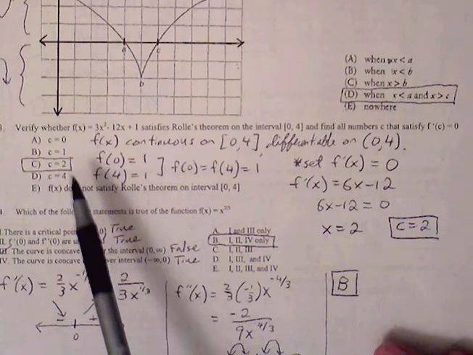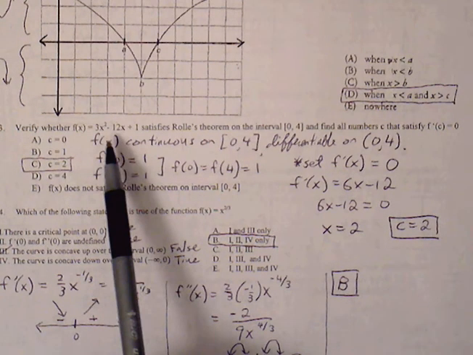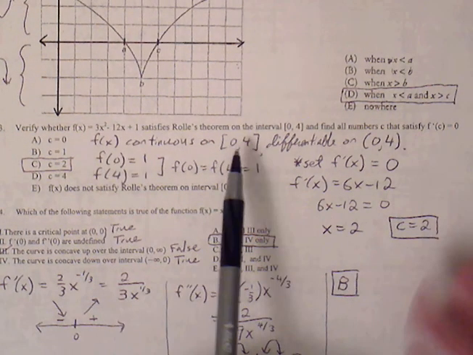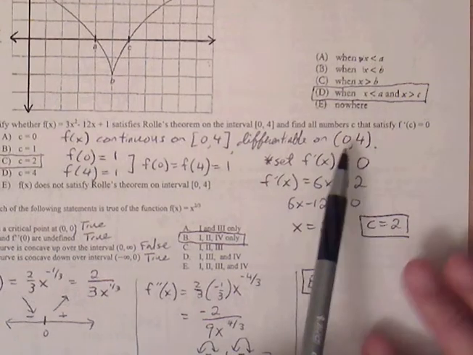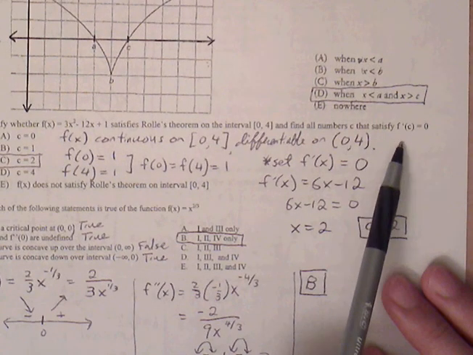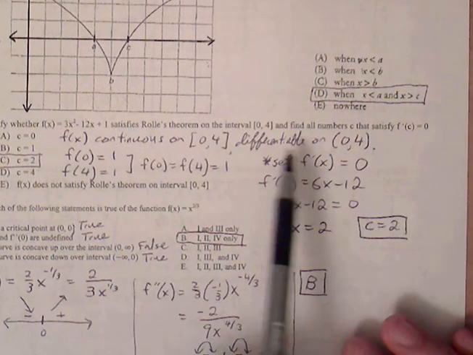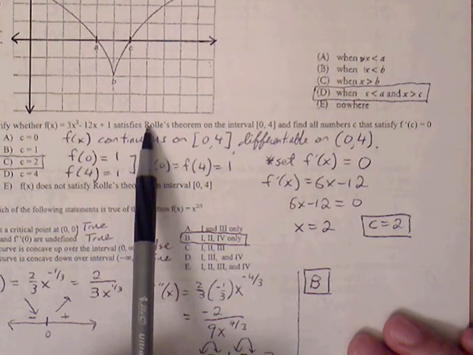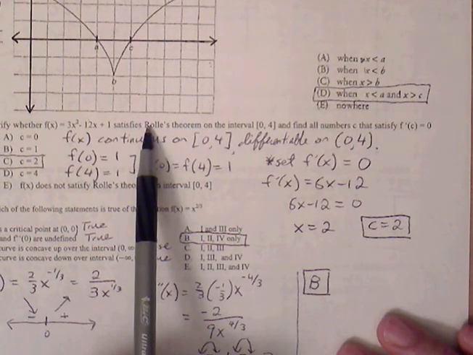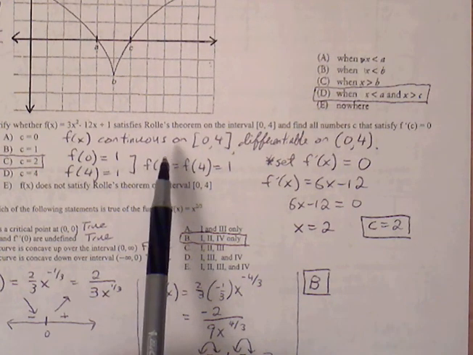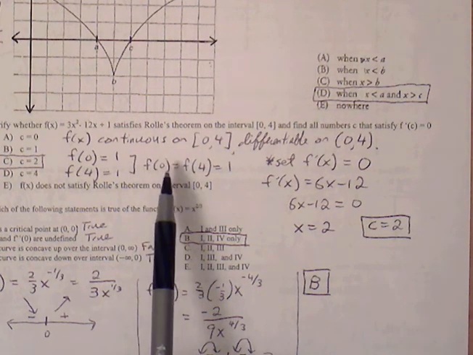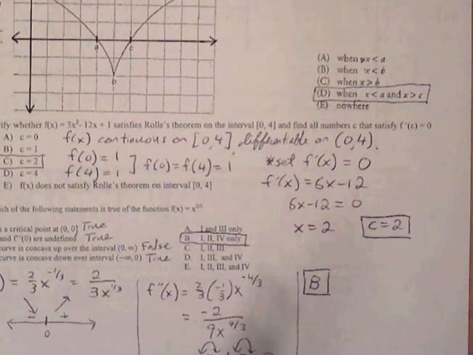Okay, number three, verify whether the function f of x satisfies Rolle's theorem on the interval 0 to 4 and find all the numbers c that satisfy f prime of c equals 0. So with Rolle's theorem, we want to be able to guarantee that somewhere between the endpoints, we have another point where the slope is 0.